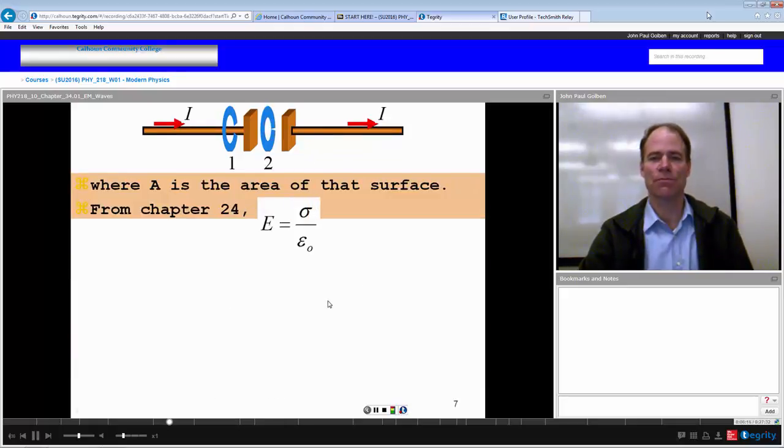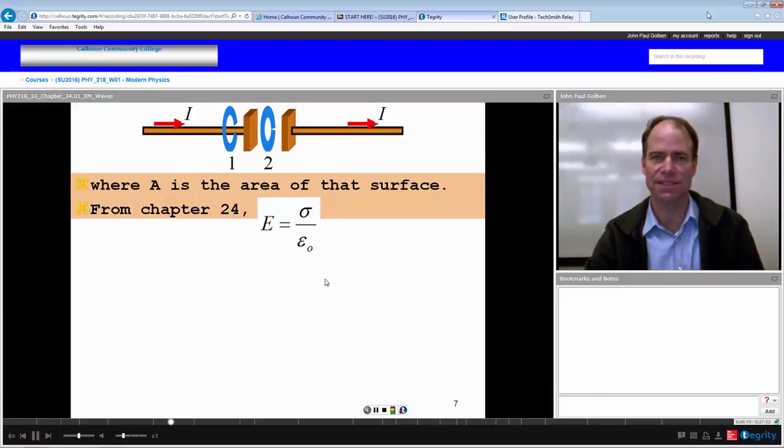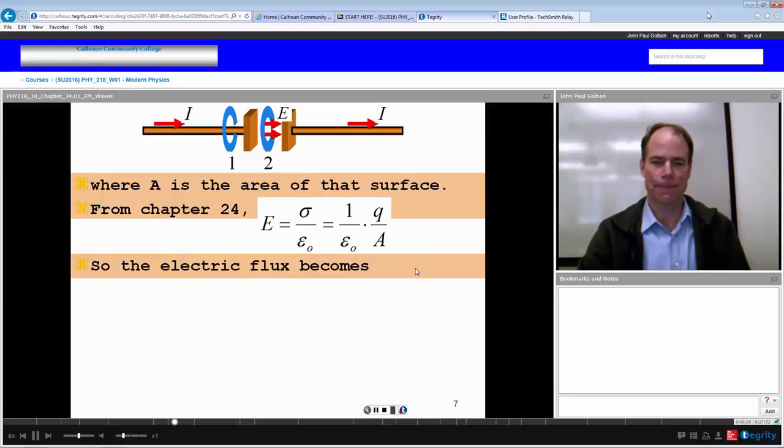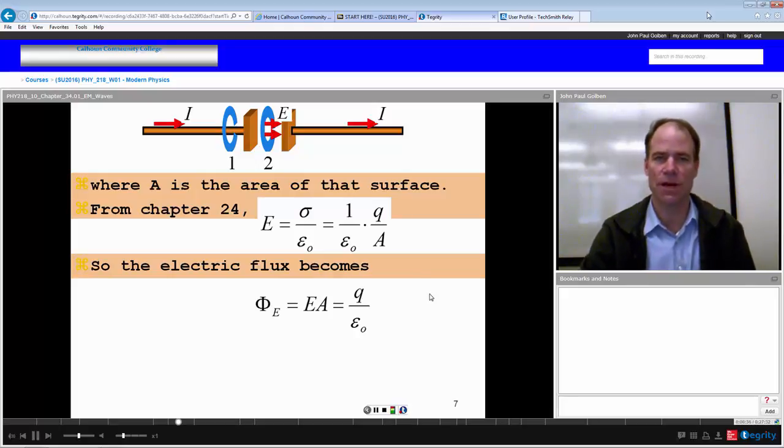And we know from previous chapters, chapter 24, that the E field is equal to the surface charge density sigma divided by epsilon naught, 1 over epsilon naught times the charge per area. And if we dot that with the area, then we're going to get rid of the area, and simply the flux will be equal to the charge divided by epsilon naught.